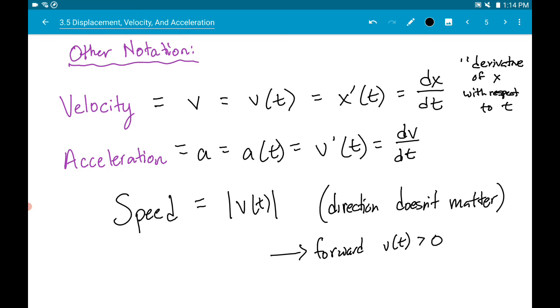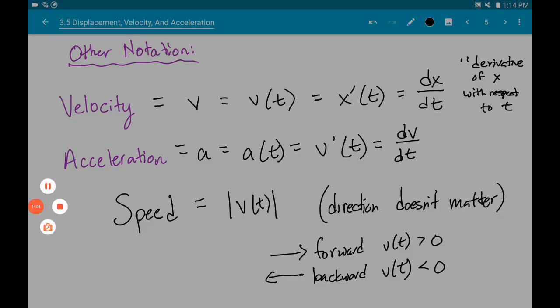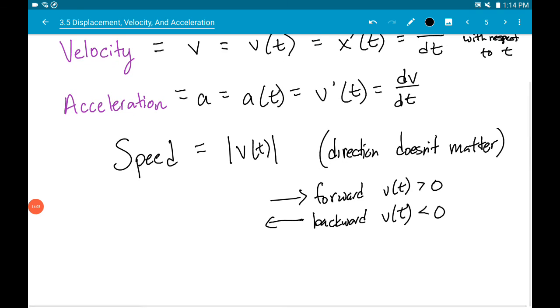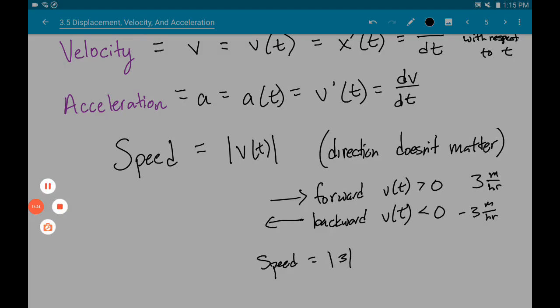And then when you back out of that spot, or you're backing out of your driveway, or you're going backwards, and you put it in reverse, your velocity would be the opposite. In this case, it would probably be negative, depending on the orientation. But if you pull into the spot at 3 miles per hour and then you back up at 3 miles per hour, you'd have a positive and a negative velocity, but your speed would be the absolute value. Your speed would be the same.